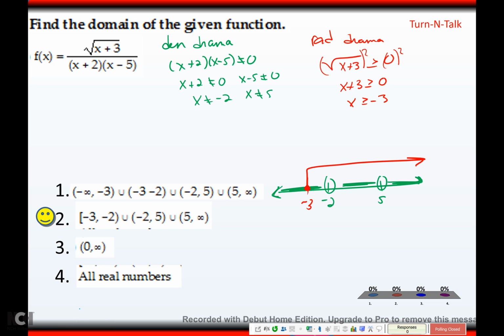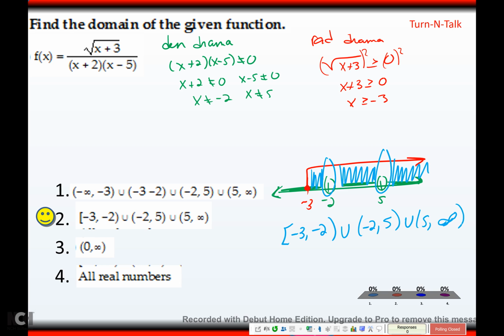My domain then is where there's green and red, with jumps. So if I describe the blue, that starts at negative 3, goes to negative 2, union, starts again at negative 2, goes to 5, union, 5 goes to infinity. Okay?